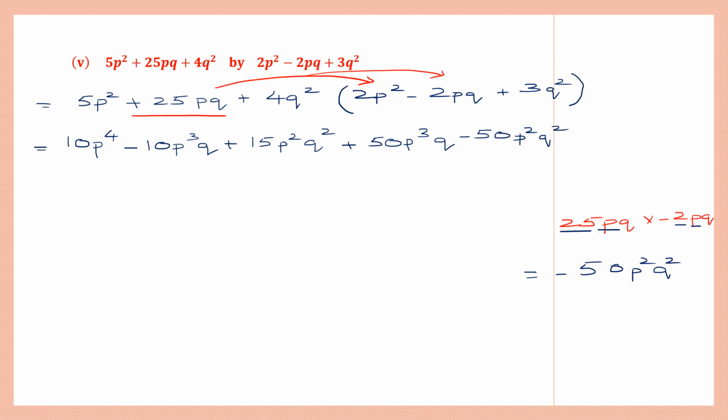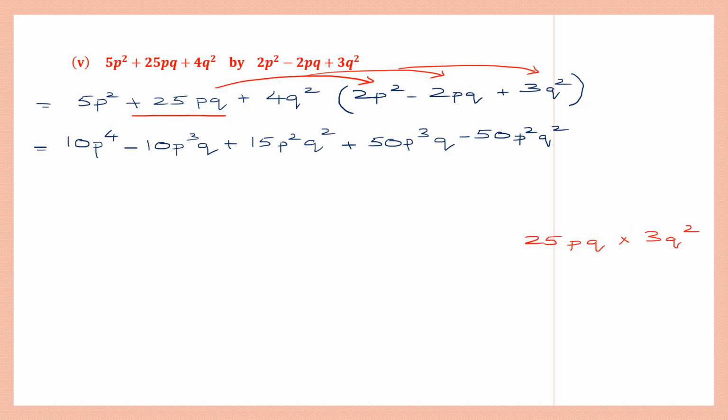Now we multiply into the third term, which is 3q square. So the sign will be plus. We multiply 25 into 3 is 75. There's only one p. There's one p here and one q here and two q's there. So q to the power of 3. So this will be 75 p q to the power of 3.